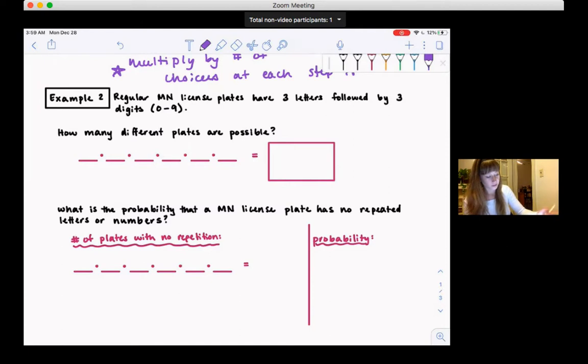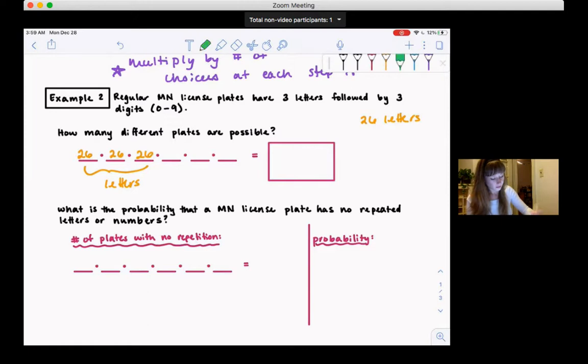So letters, there are 26 possible letters, right? So if we allow that a letter could be used more than once, which can happen on license plates, these are the letters. And we have 26 options for each of the letters. So 26, 26, 26.